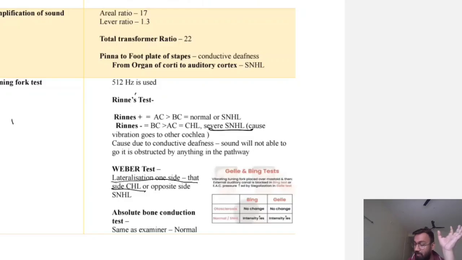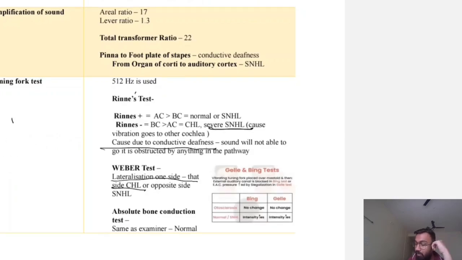In severe sensory neural hearing loss, bone conduction is better than air conduction. Why? Because the sound will not be obstructed by anything in the pathway, or it can stimulate the opposite cochlea. So that's why in severe sensory neural hearing loss, bone conduction is better than air conduction.